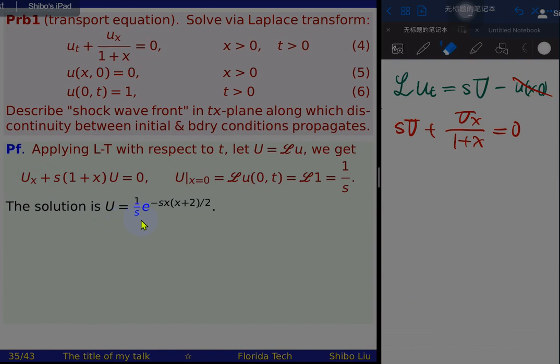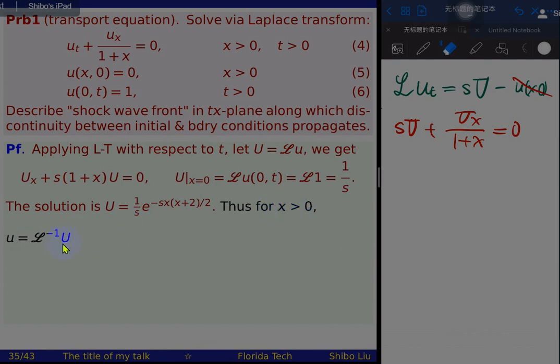Having obtained the Laplace transform of our solution u, to get u we simply apply the inverse transform. So our small u equals the inverse transform of our capital U. But the capital U is different when x is 0 and when x is positive, so we consider the case that x is positive first.